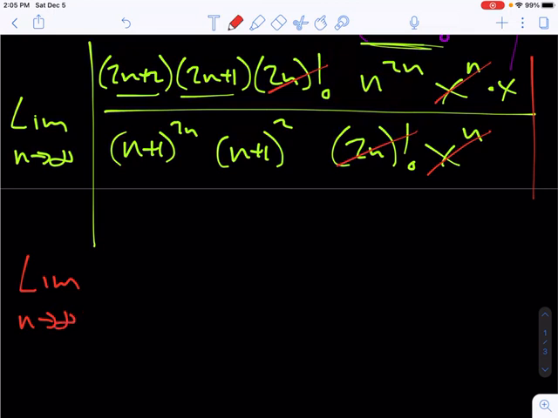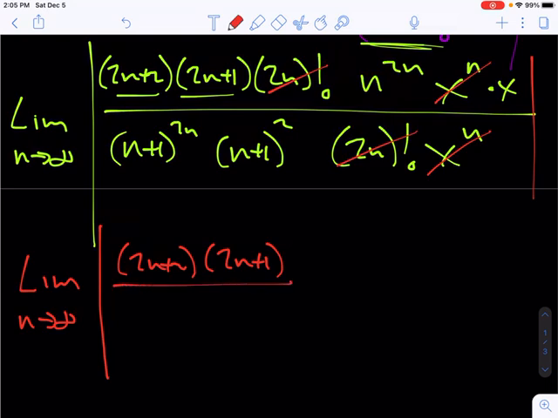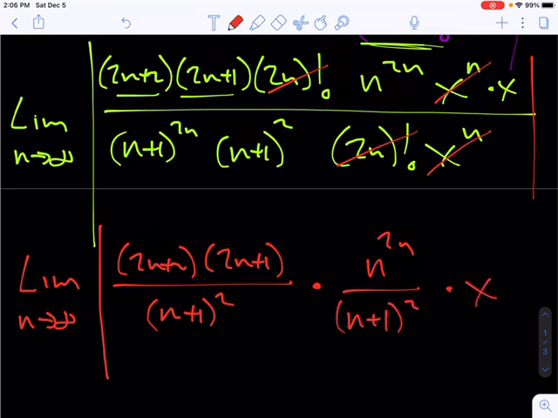And I'm going to break this into two parts. First of all, we have the 2n plus 2 times 2n plus 1. I'm going to put that all over the n plus 1 factorial. And I'm going to multiply that by the n to the 2n over the n plus 1 to the 2n and times the x.